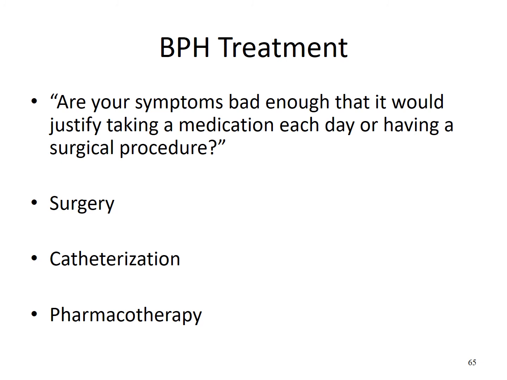The most effective intervention is surgery, and so we'll talk about that first. Then patients can also do catheterization to bypass the obstruction of their prostate, and then there's drug therapy, so we'll talk about the few drug classes there.